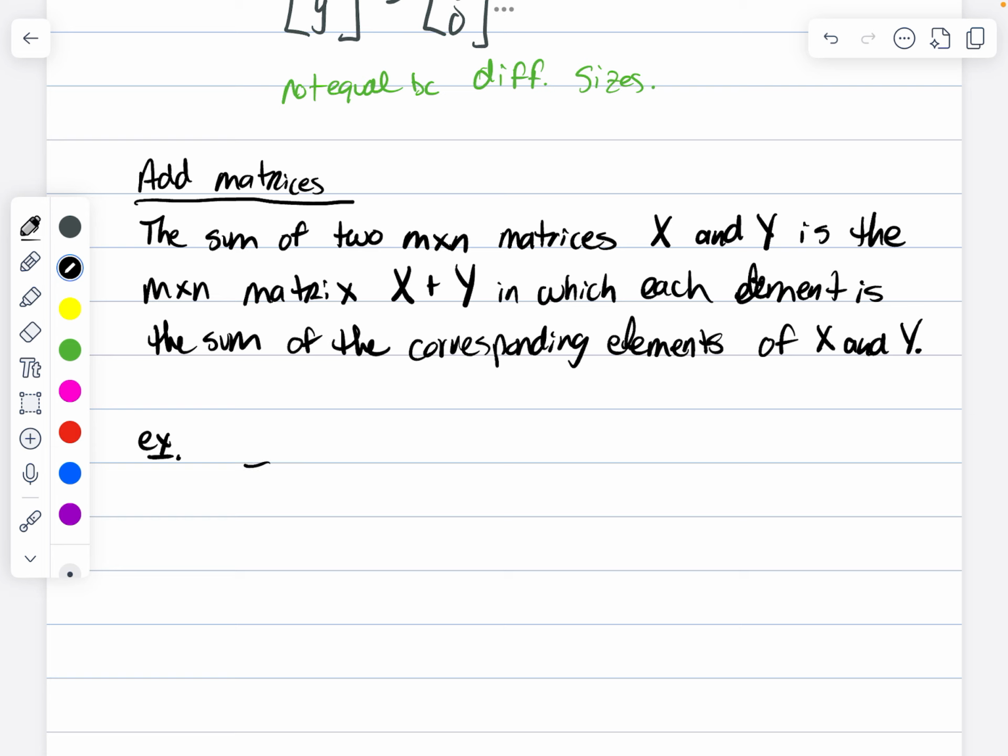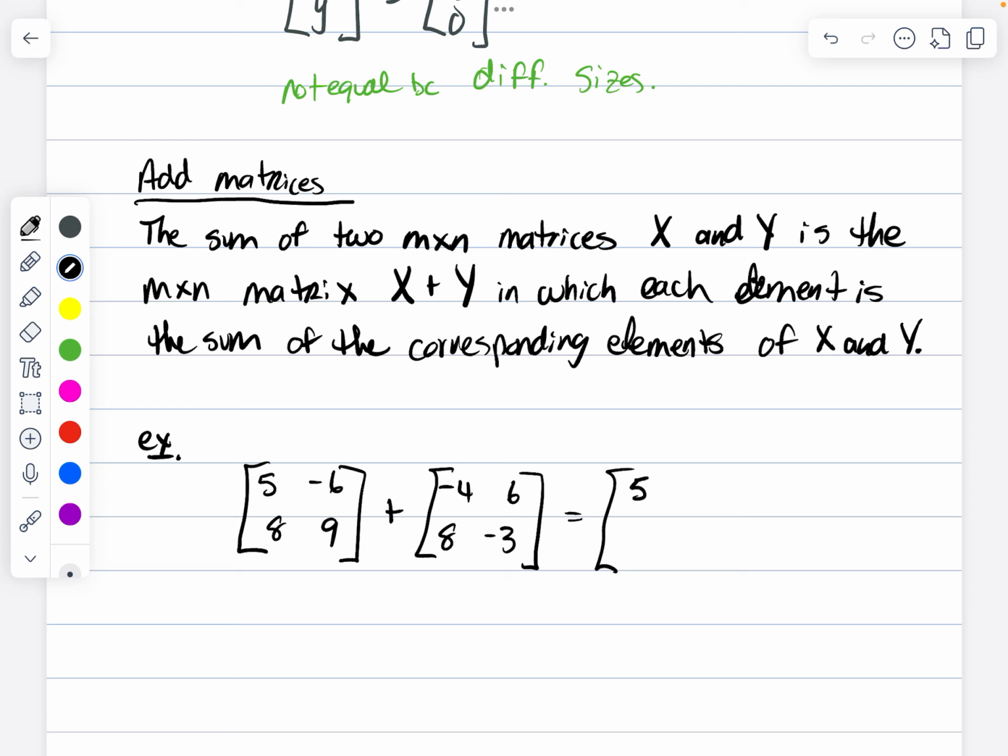And that may sound a little complicated, so let's just look at an example. Let's say, for example, we want to add 5, -6, 8, 9 plus -4, 6, 8, -3. Then the first row, first column element of the first matrix, 5, has to be added to the first row, first column element, -4.